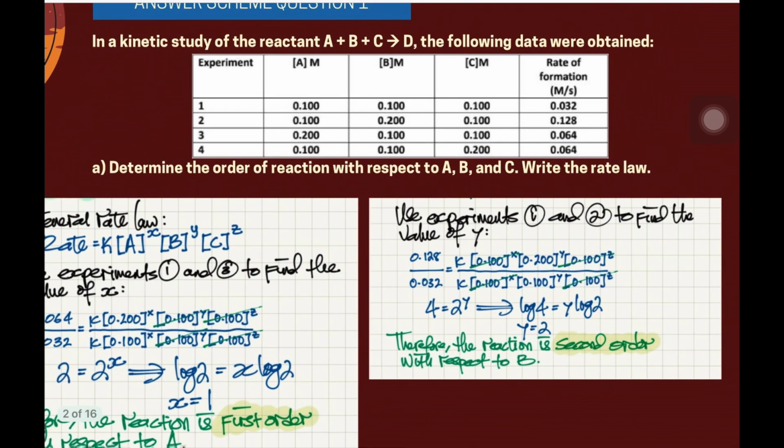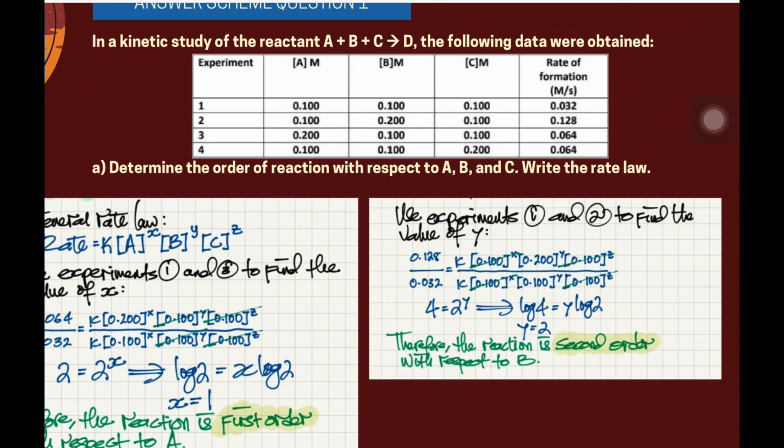Sama juga untuk cari order of reaction with respect to B pula, kita kena cari mana-mana 2 eksperimen yang mana dia maintainkan A dan C, kalau ada. If tiada, then kita boleh cari mana-mana yang dia sudah ada value untuk A tadi, kita boleh gunakan any rates yang C maintain.